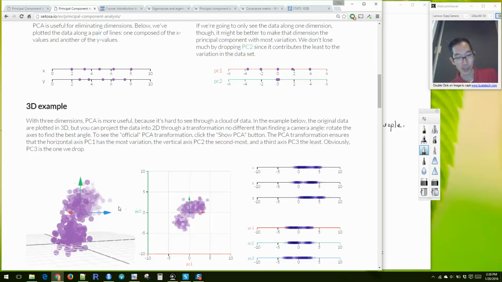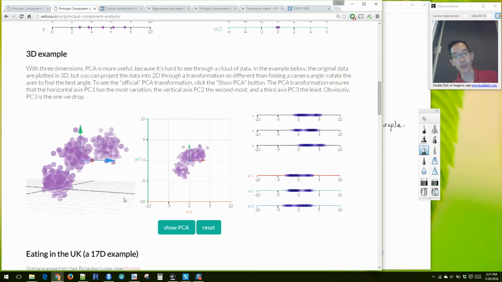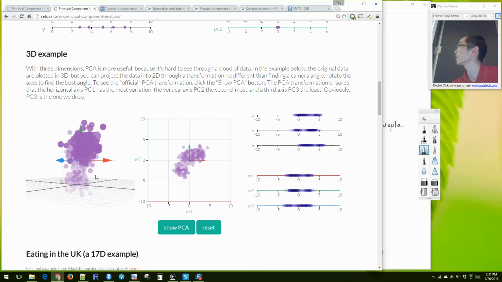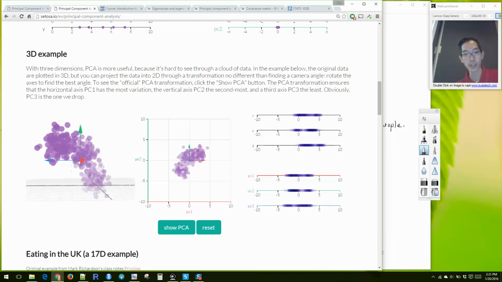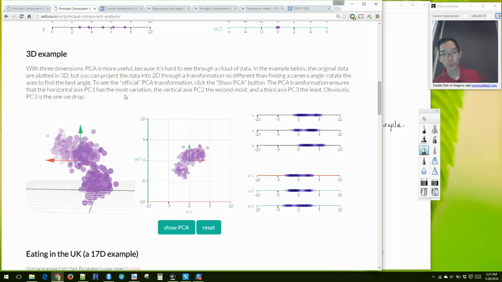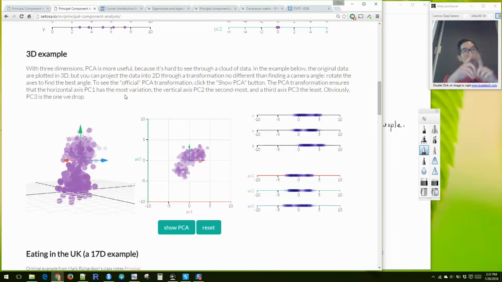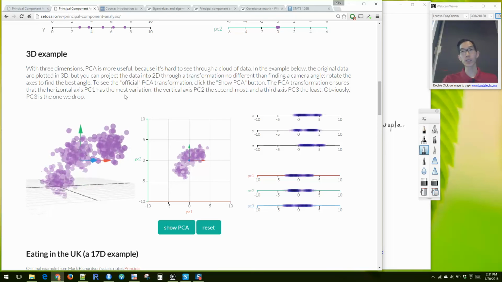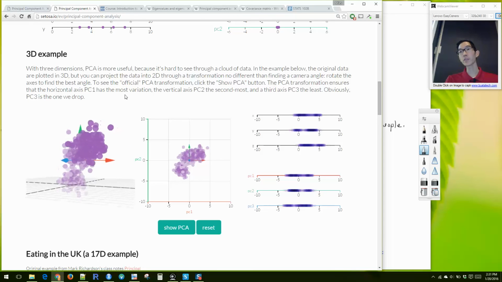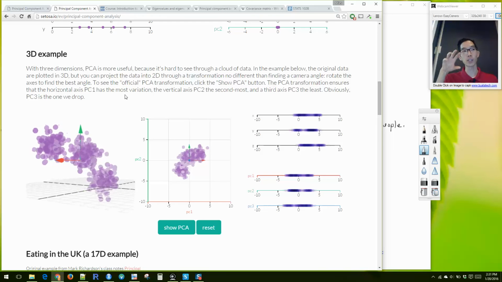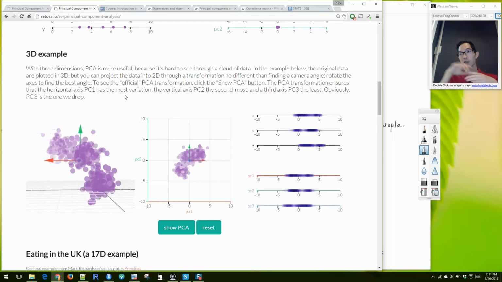Here we have three-dimensional data being plotted, and it's being rotated so you get an idea of what it looks like. When we do principal component analysis, the first principal component is the component that has the most variation. All of the other principal components after that are orthogonal, at right angles to that initial principal component.